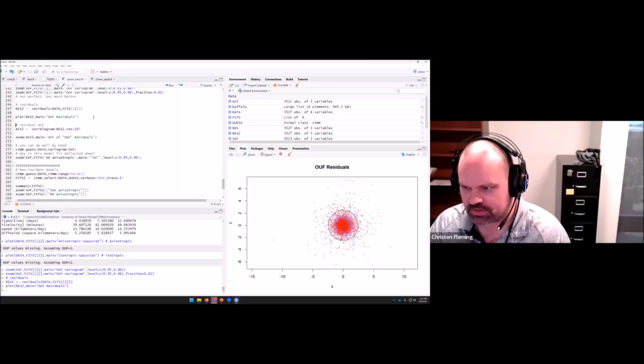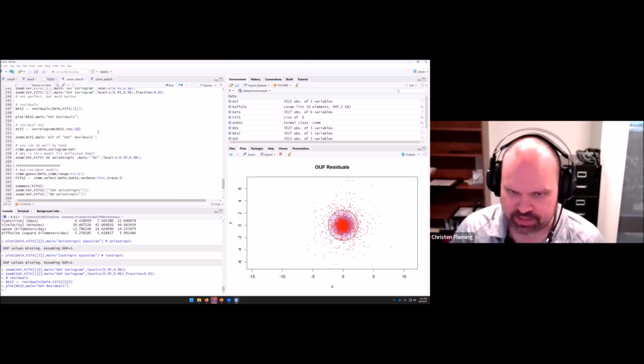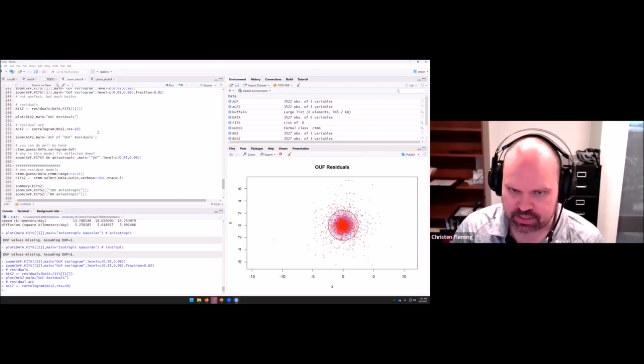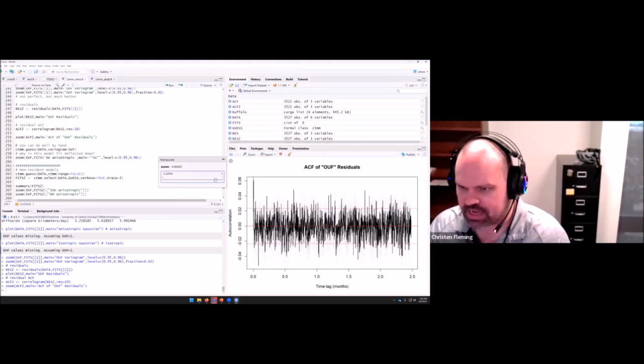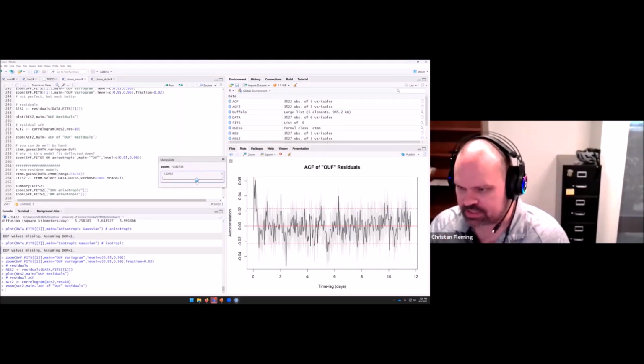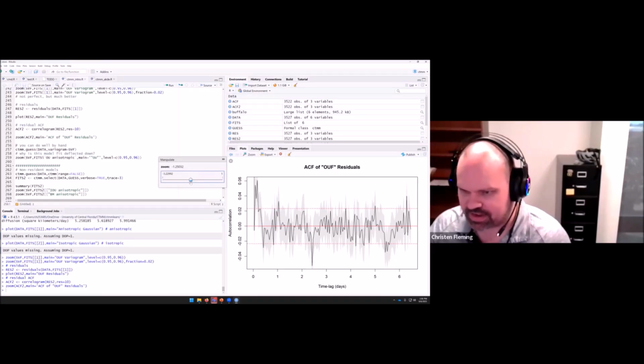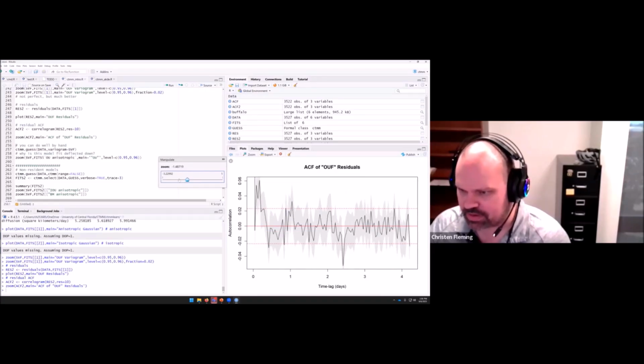Looks much more normal and unstructured than the previous, and we can look at the autocorrelation in the residuals, and there shouldn't be any. For most time lags, there's the expected amount of significance, 5%, what you expect with random chance.